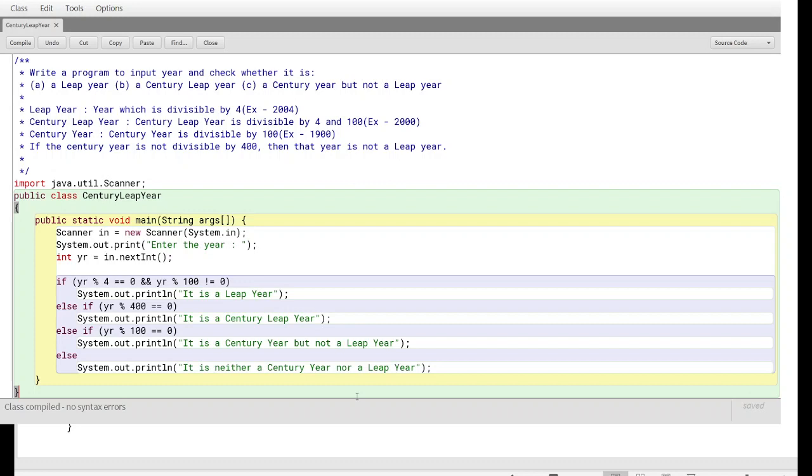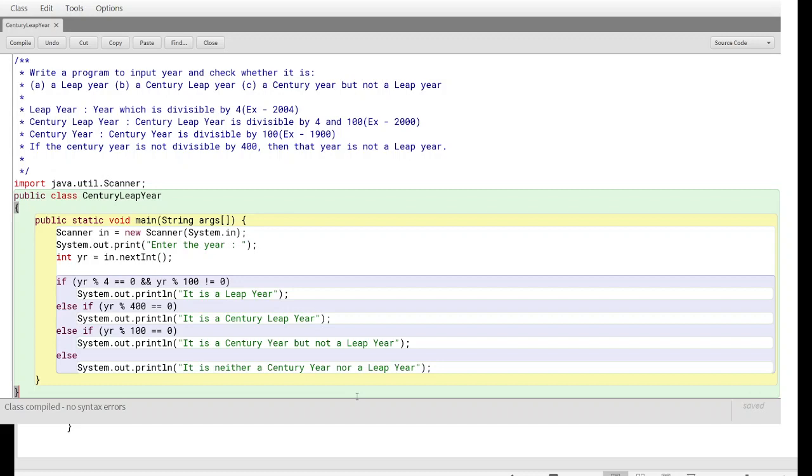So combinedly, to check century leap year, we divide the year by 400. If a year is only divisible by 100, it is known as century year and not a leap year.